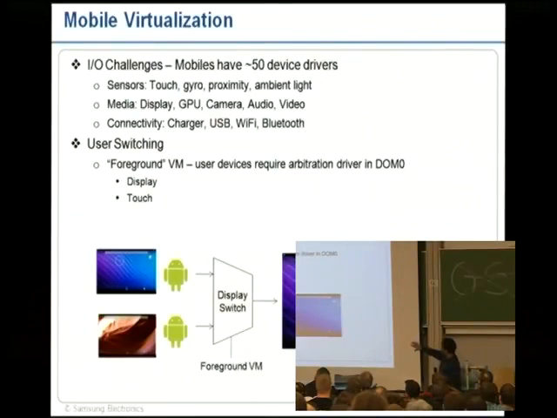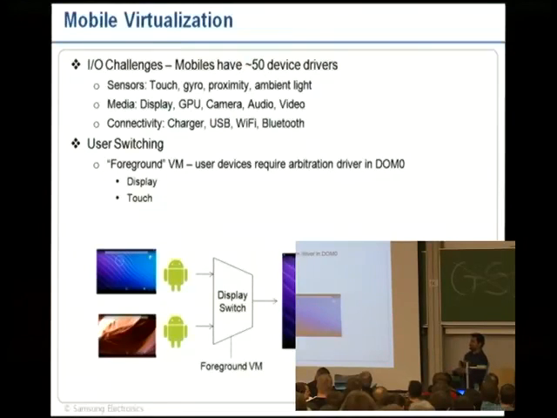I'll be showing a video. Before that, a brief synopsis. We developed something called the arbitration engine. At a time only one OS will be visible to the user, which we call the foreground domain.